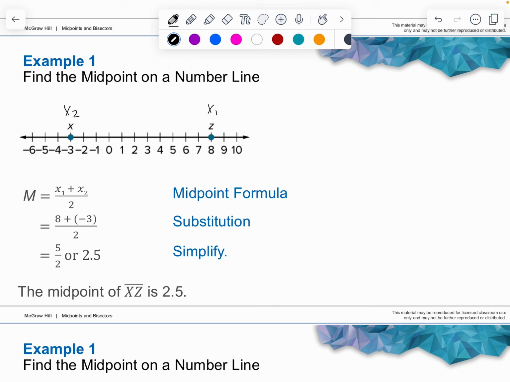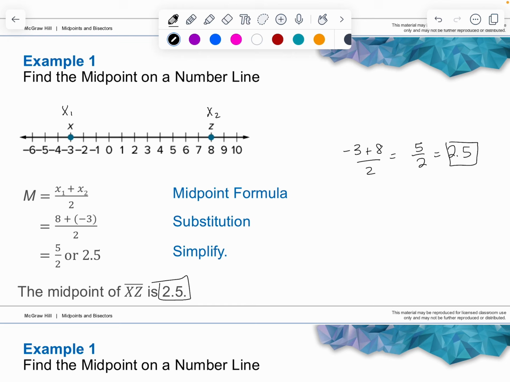Now, does it matter if we make this one x1 and that one x2? Could we make this x2 and this x1? Let's try it. -3 plus 8 divided by 2, that becomes 5 over 2, and that becomes 2.5. Same answer, yes. It doesn't matter which one is which. For midpoints, doesn't matter which one is which, okay?